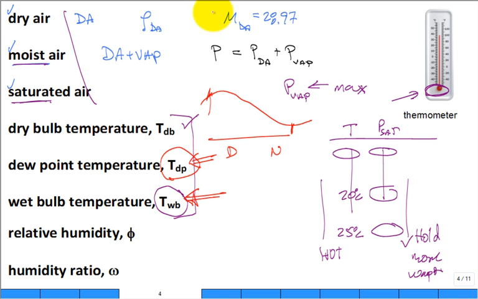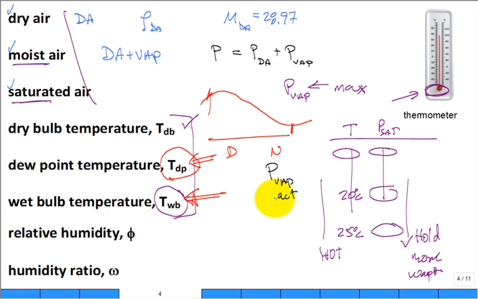This one we can work a pretty good equation out, because you say right here, I know the partial pressure of the water vapor actually right now in this room. Knowing that partial pressure of the water vapor, I can tell you what the dew point temperature is of the air in this room right now.